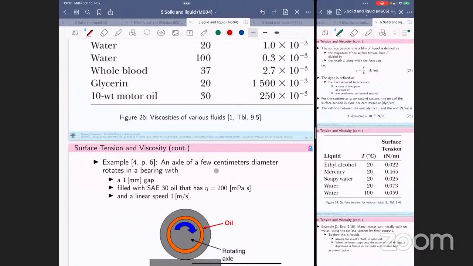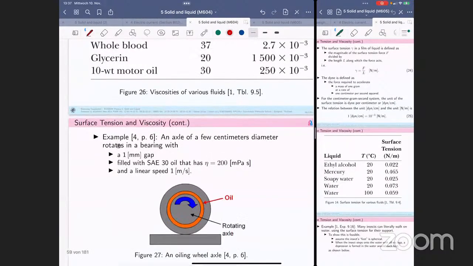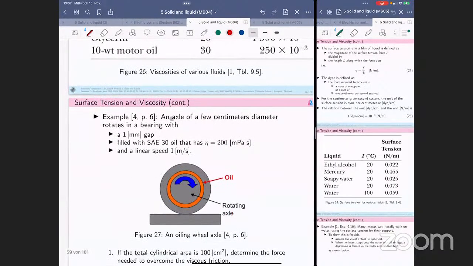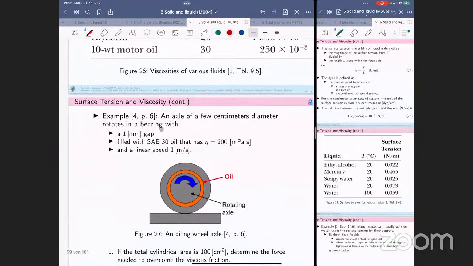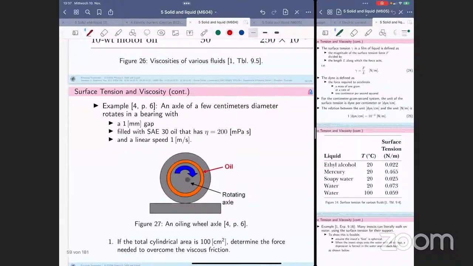Okay, and axle of a few centimeters. Let's start with this example. An axle of few centimeters diameter rotates in a bearing like this. This is the axle, and here in the orange ring, it's oil.